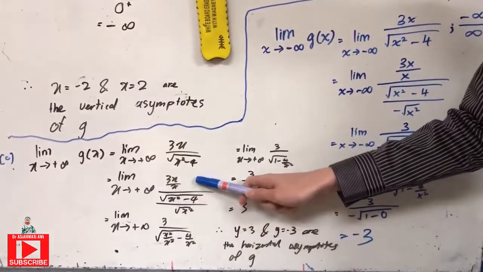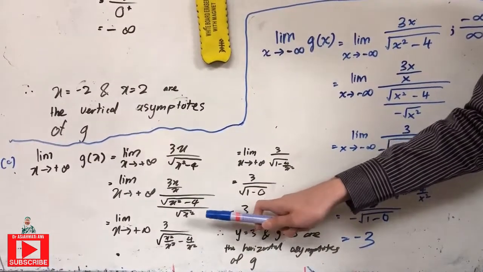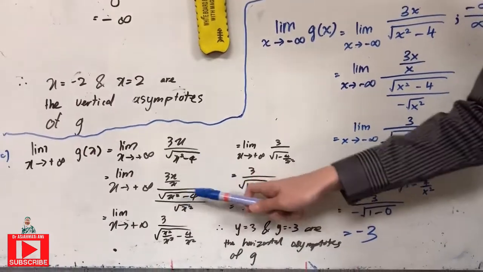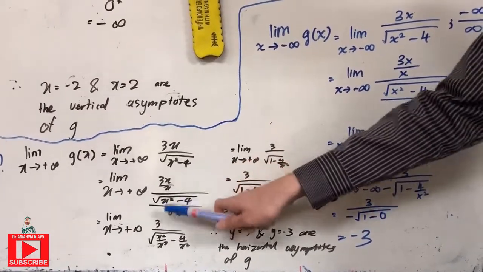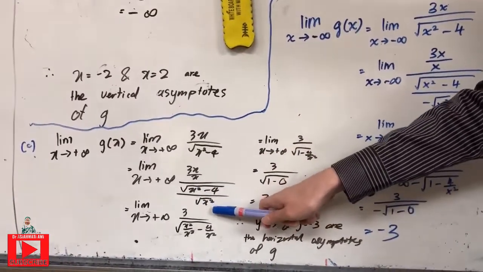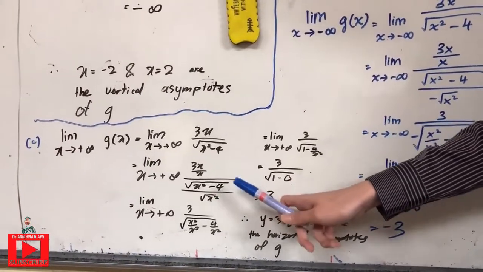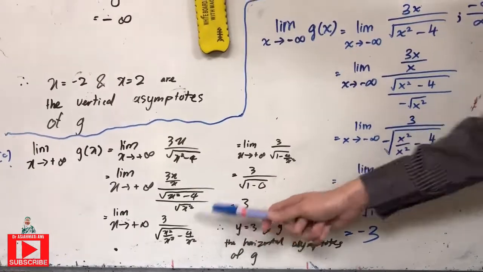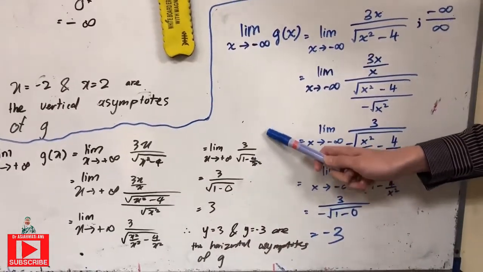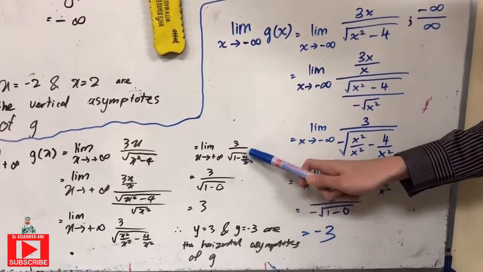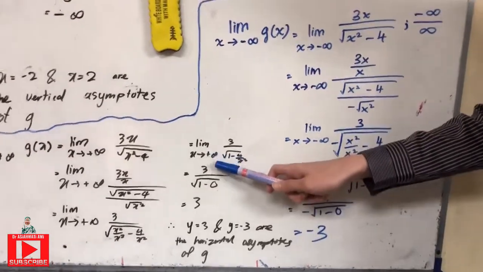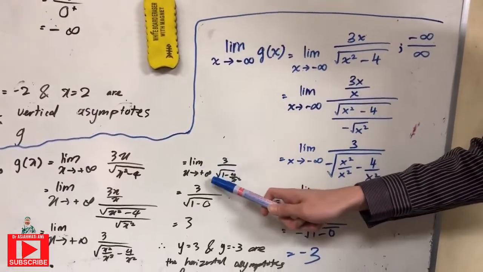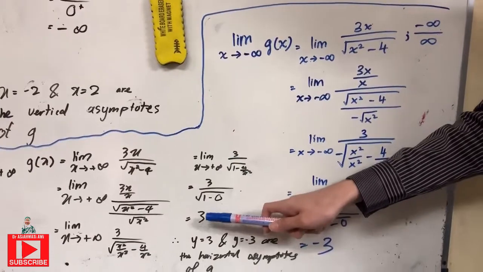So we need to divide by the highest degree of the denominator, which is x. So we divide each term by x, and as we know, the square root of x squared also equals x. After that, we simplify the equation. We get 3 over the square root of 1 minus 4 over x squared, and then we substitute x approaching positive infinity and get 3.